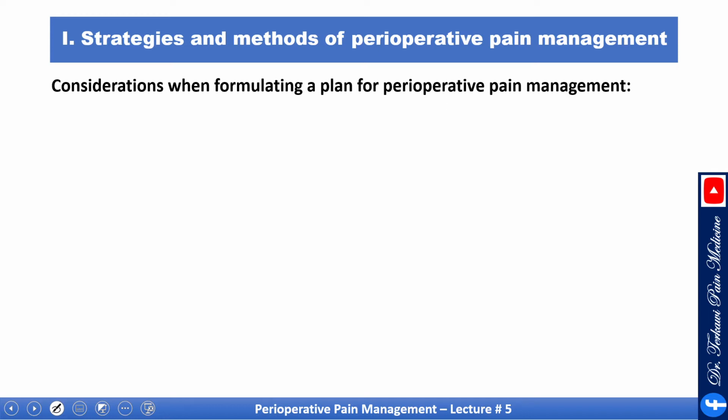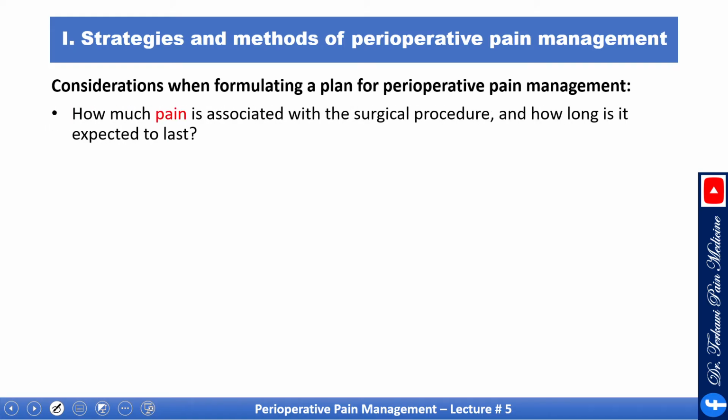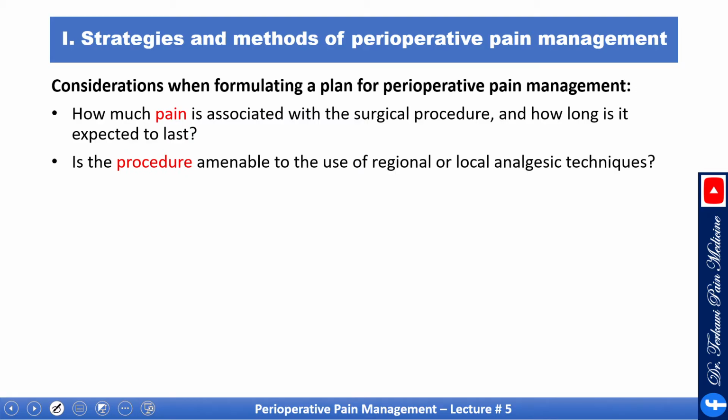Considerations when formulating a plan for perioperative pain management. How much pain is associated with a surgical procedure and how long is it expected to last? Is the procedure amenable to the use of a regional or local analgesic technique?